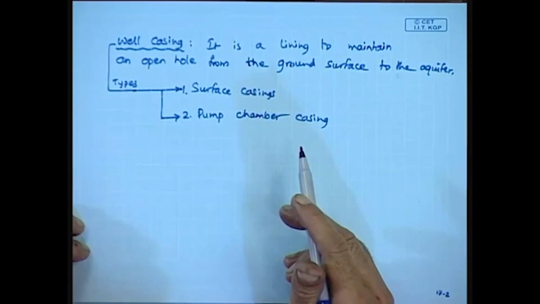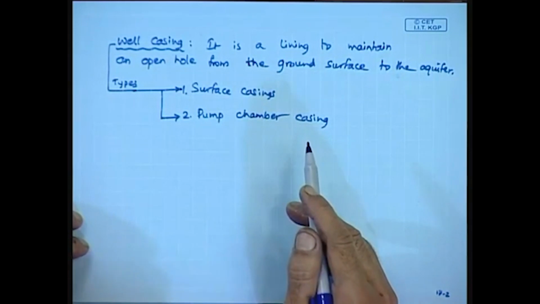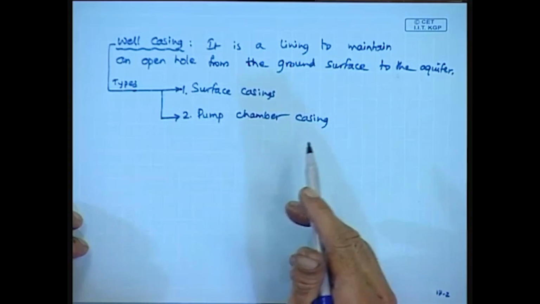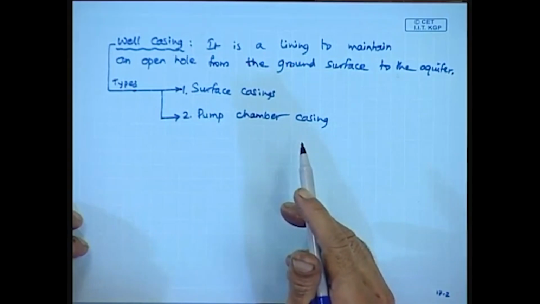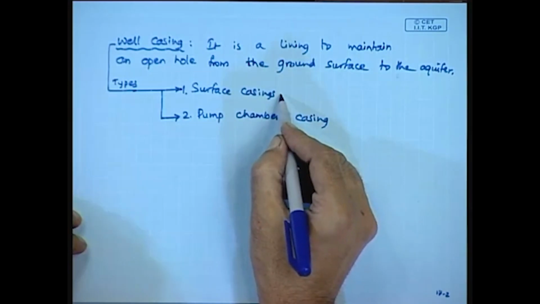It serves various purposes: it supports unstable material during drilling, reduces loss of drilling fluid, facilitates installation and removal of casing, aids in placing a sanitary seal, and lastly it serves as a reservoir for a gravel pack. So, basically this is the surface casing.